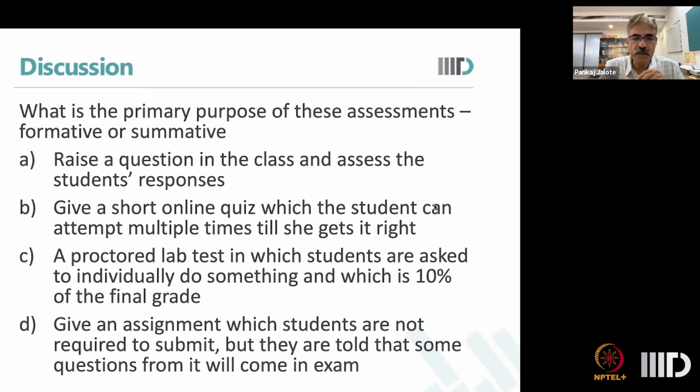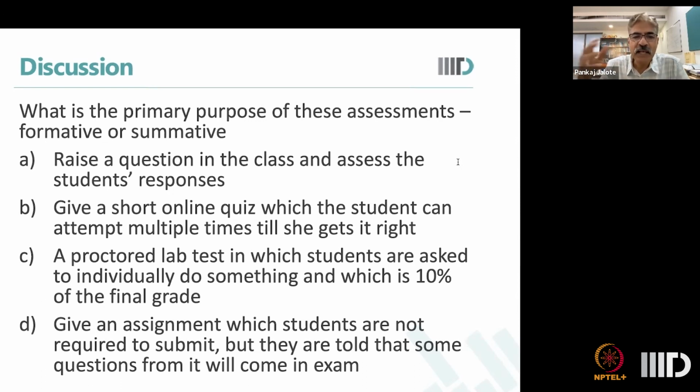Let's look at B. Give a short online quiz which the student can attempt multiple times till she gets it right. Almost all of you are saying formative. Indeed, it is formative. There's no way you can use it for assessing the learning. Well, you can, perhaps, as how many times the student tries can be an indicator.